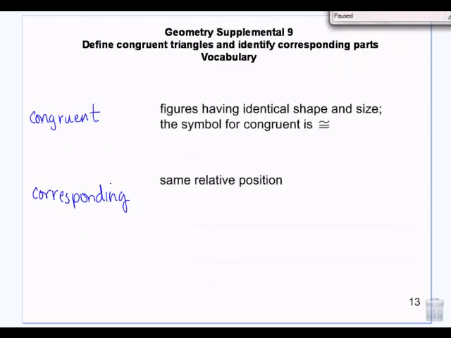Okay, so figures that are identical in shape and size are congruent. That means not only are all the sides the same length, all the angles are the same measure as well. And then corresponding are parts that are in the same relative position, so you can have corresponding angles and corresponding sides.